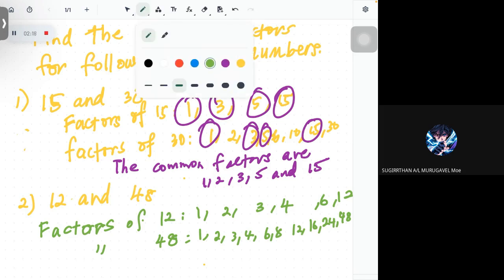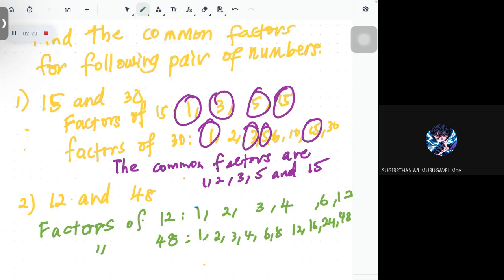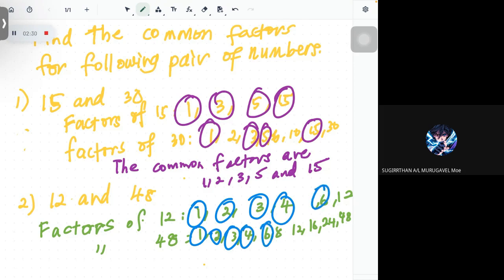So what are the common factors? 1, 2, 3, 4, and then 6, and then 12.